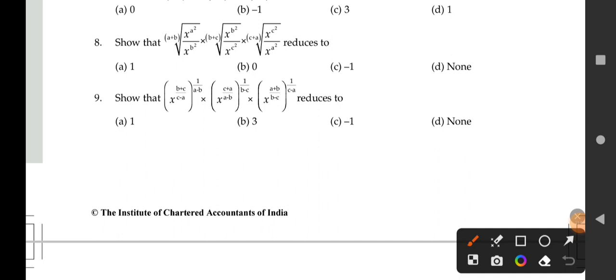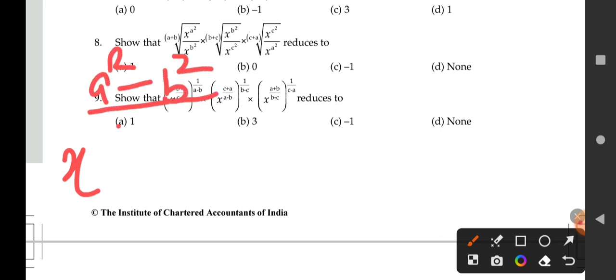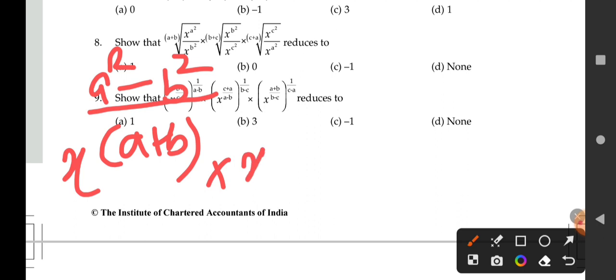Again, question number 8. Solve it very carefully. It is again very easy. X power A square minus B square divided by A plus B. You can see A minus B in the numerator would remain.